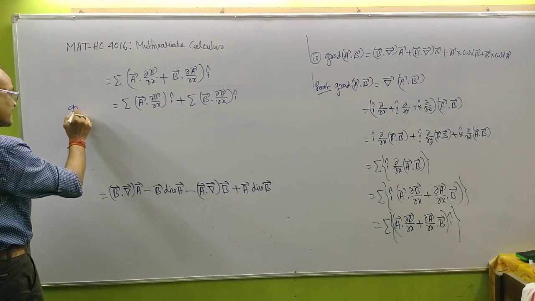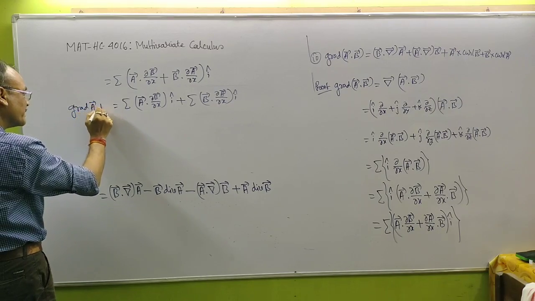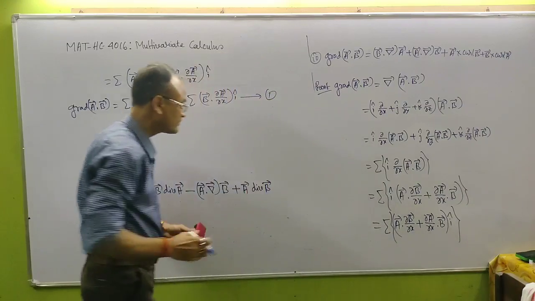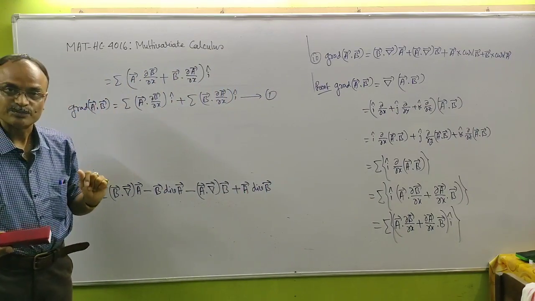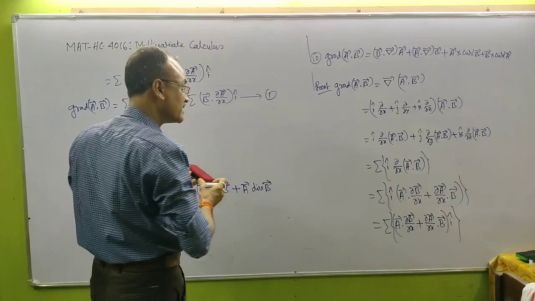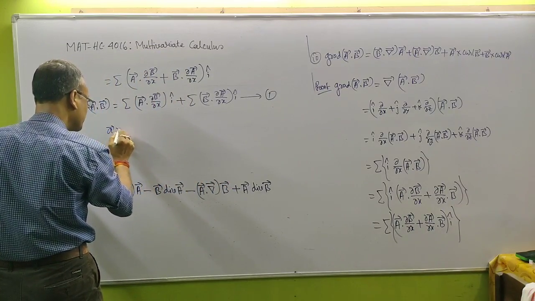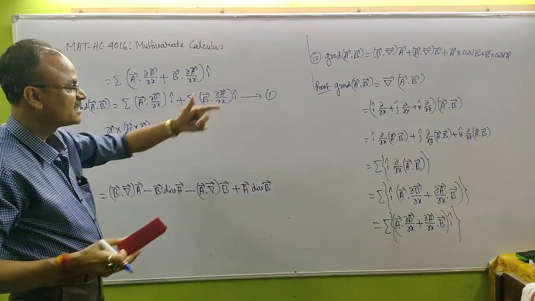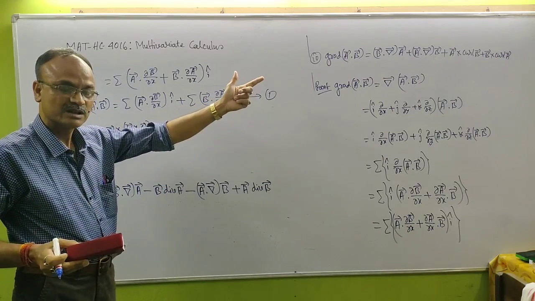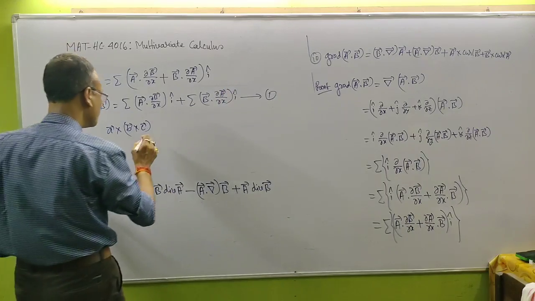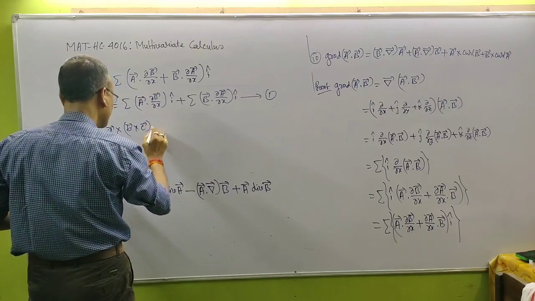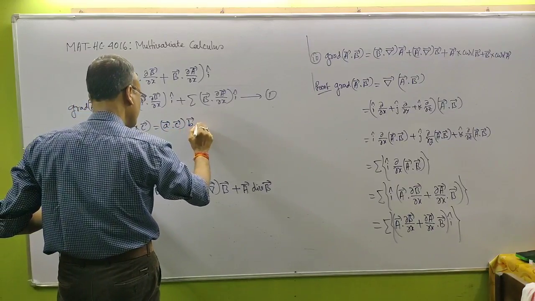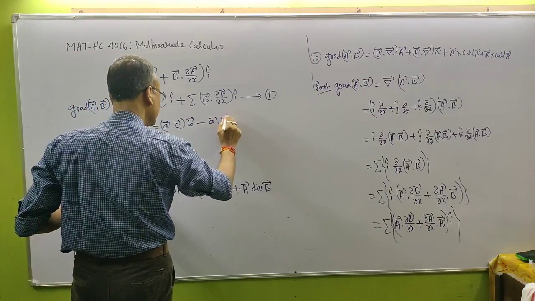What is this? On the left side, you may write gradient of A dot B. Now, let me remind you, the vector triple product has been applied in the previous vector identity also. This is equal to A dot CB minus A dot BC.